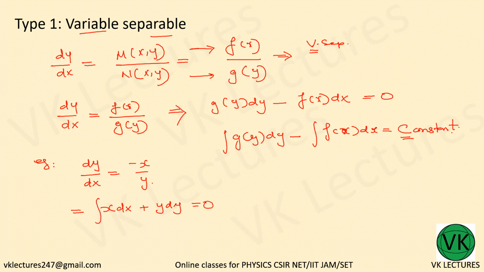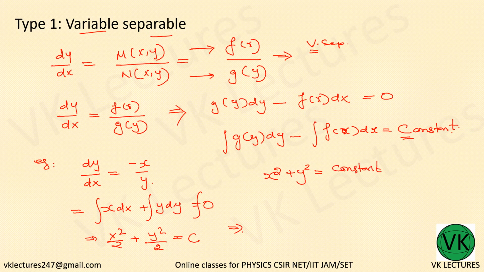When you integrate, this becomes x square by 2 plus y square by 2 equal to some constant c, and you can write it as x square plus y square equal to some constant. Now this is the equation of a circle.